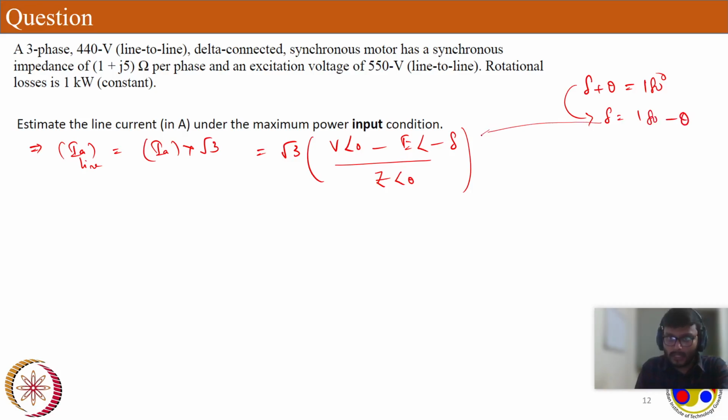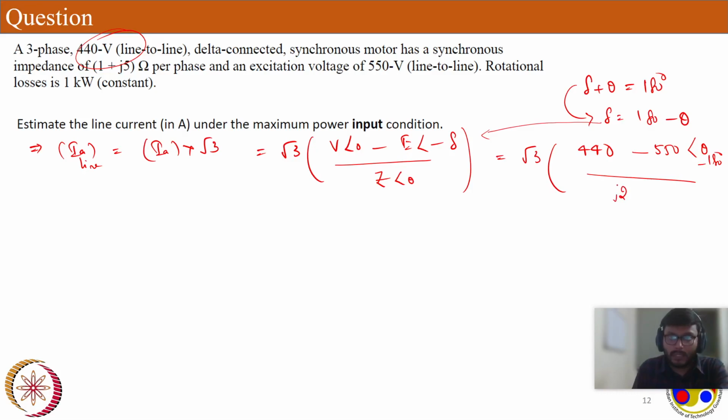We substitute this: root 3 into V, which is 440 volts line to line, minus 550, that is also line to line, at an angle of theta minus delta, which will be theta minus 180, divided by Z at an angle of theta.